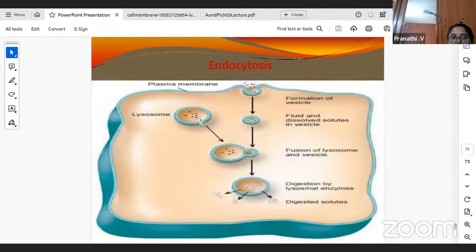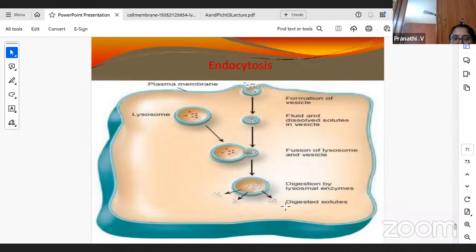Because of this, the lysosome comes, recognizes this, and fuses with the vesicle. I told you, lysosome has digestive enzymes, so whatever bacteria is present inside is digested by the lysosomal enzymes.